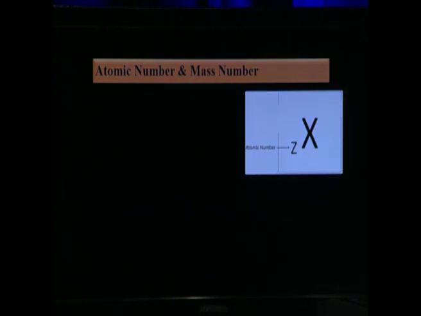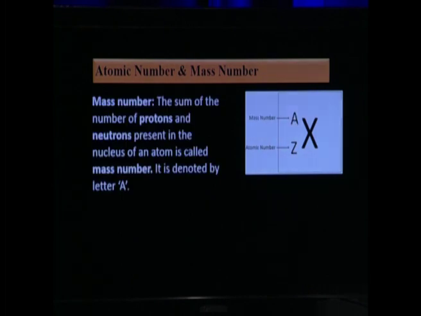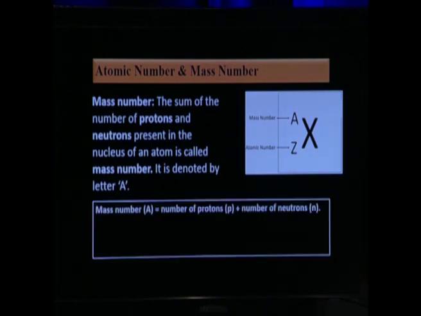Now, let us look at mass number. So, mass number, the sum of number of protons and neutrons present in the nucleus of an atom is called mass number, and it is denoted by letter A. So, mass number, number of proton plus number of neutron.